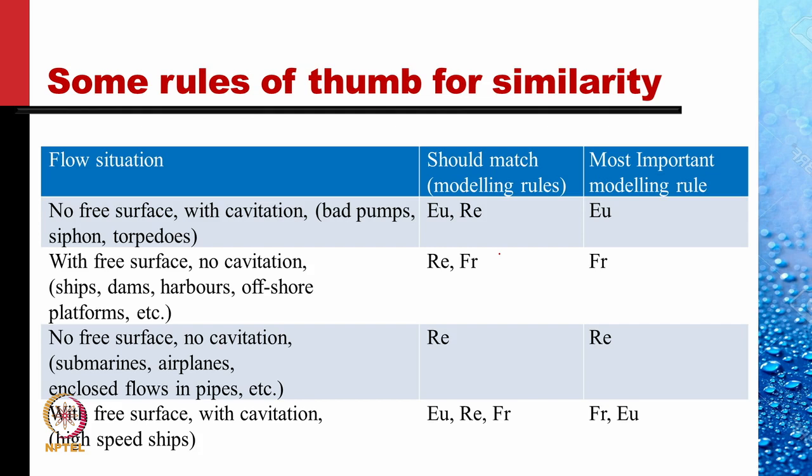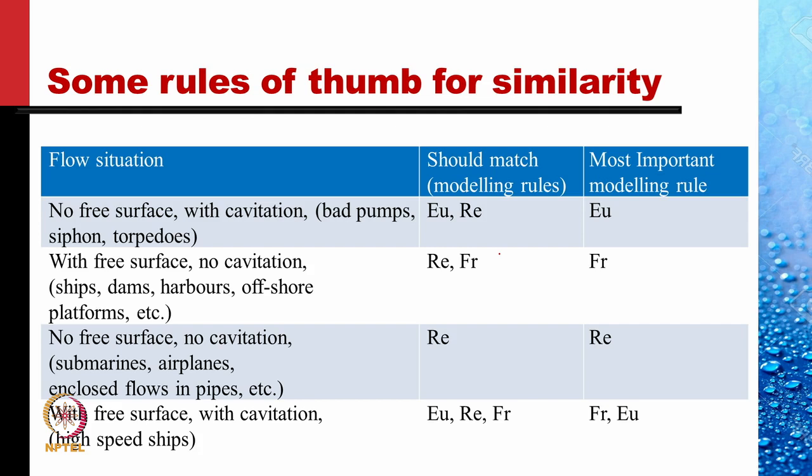The Froude number is not important because we are operating away from the free surface. However, the dependence on Reynolds number is rather weak, and the most important modeling rule is to match the Euler number.